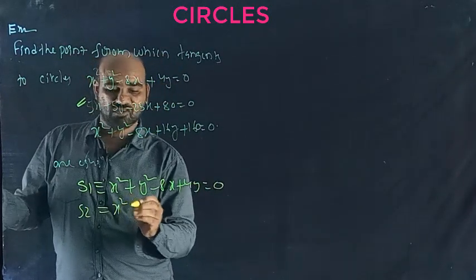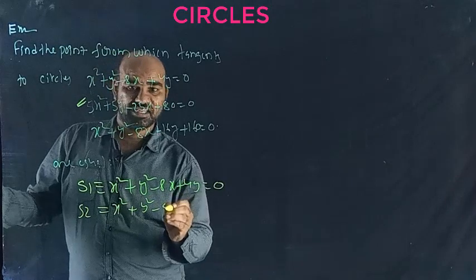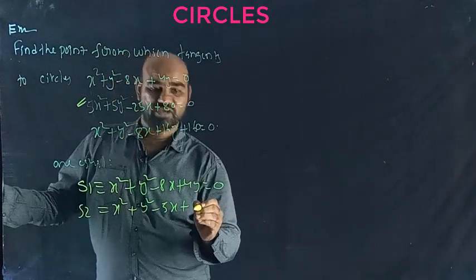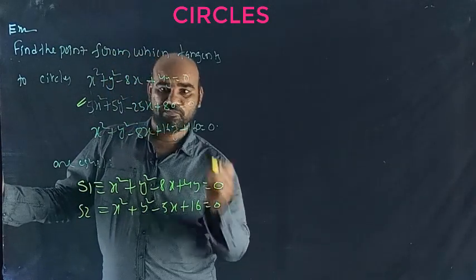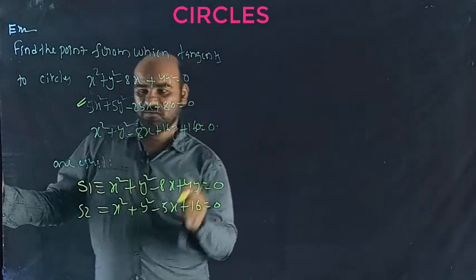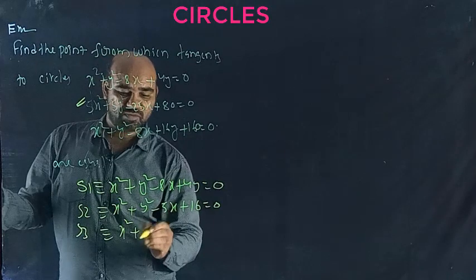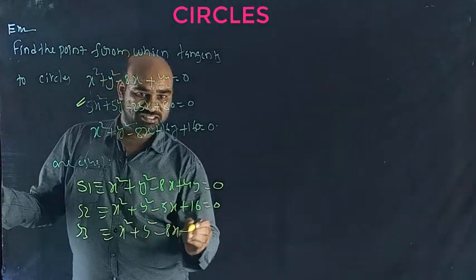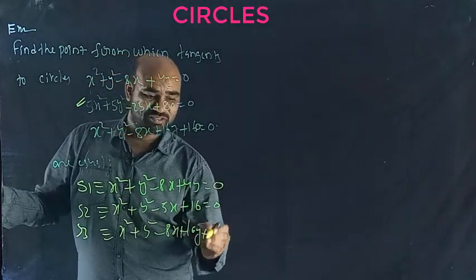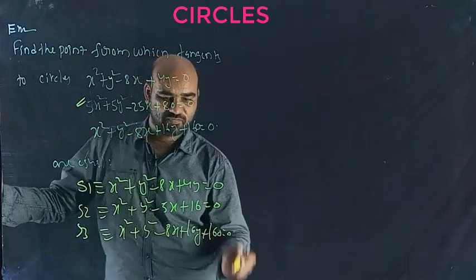S2 is x square plus y square minus 5x plus 5y plus 30. S3 is x square plus y square minus 8x plus 16y plus 160 equal to 0.